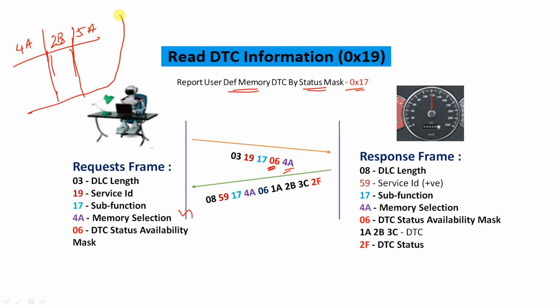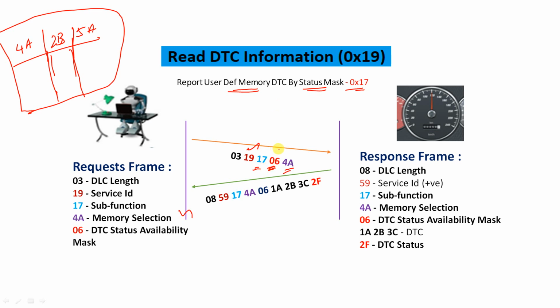If you want to fetch using the memory selection, then you can go for this, if you know the memory selection number. You don't use any address in this particular service; you use the memory selection. Here 19 is the service ID, 17 is the subfunction, denoting that I'm requesting via memory selection.